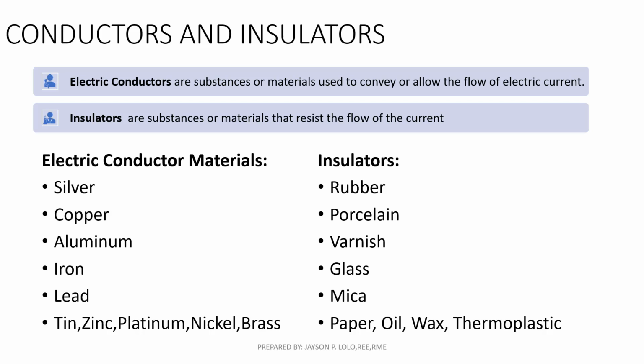The electric conductors are substances or materials used to convey or allow the flow of electric current, while the insulators are substances or materials that resist the flow of the current. We have the following conductor materials on this left side, and also the following insulated materials.